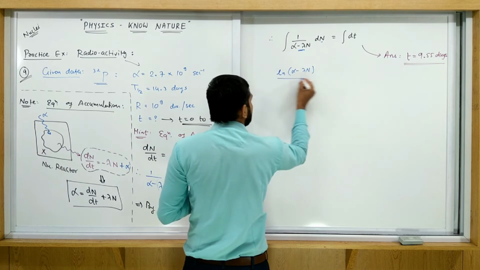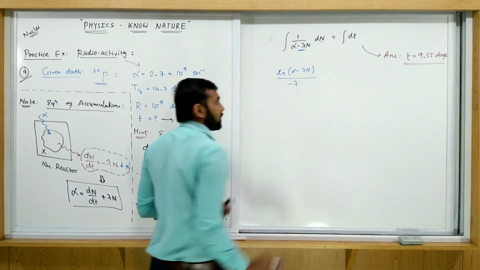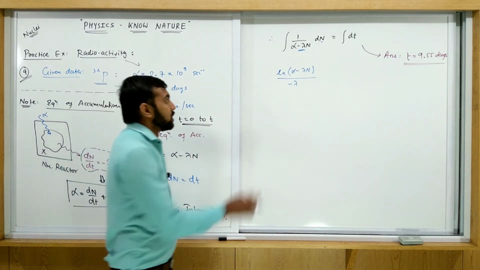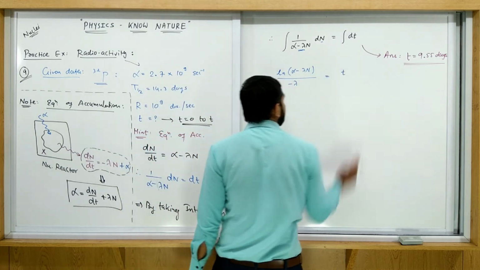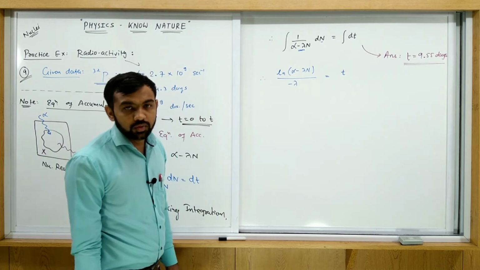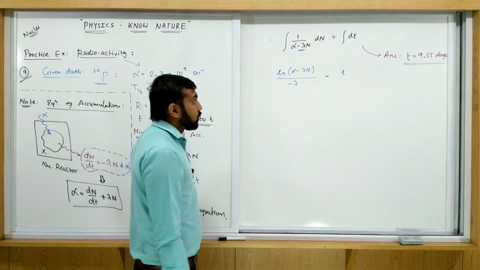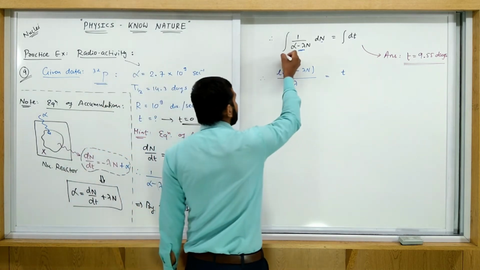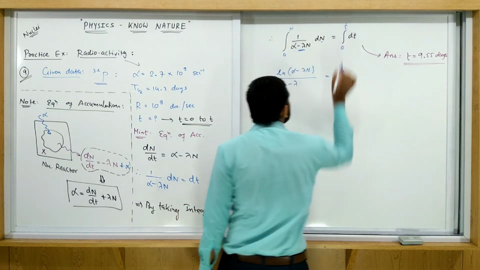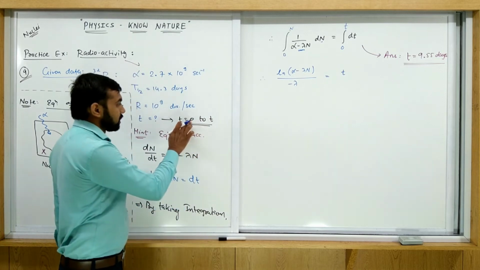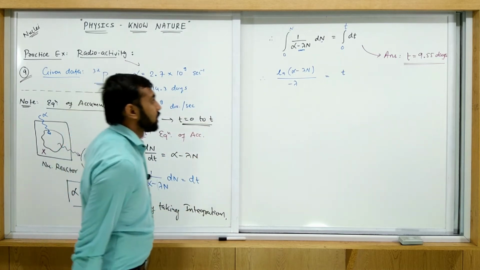Minus lambda. This minus lambda goes into the denominator as per the integration rule. So this is equal to the integration of dt, that is t. If you want to put the limits, put 0 to N and 0 to t, since this is from the beginning.